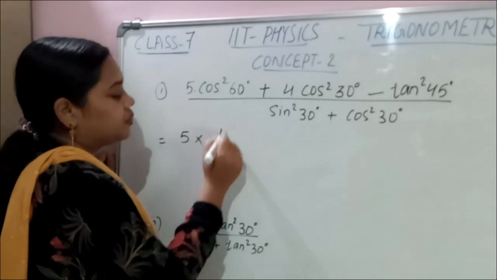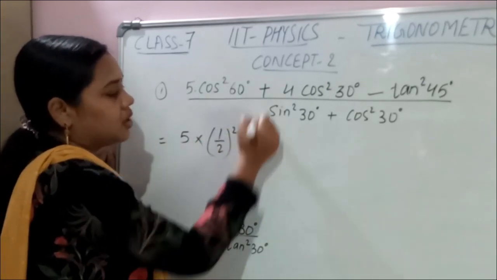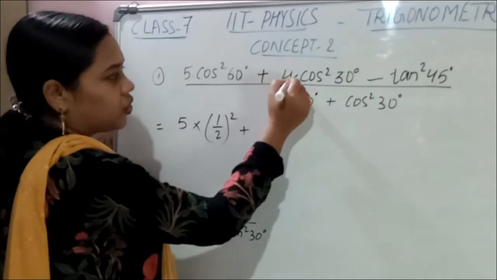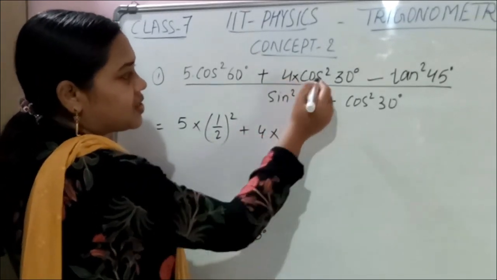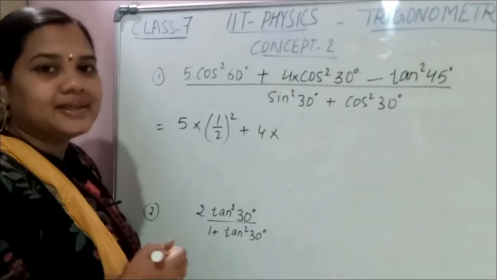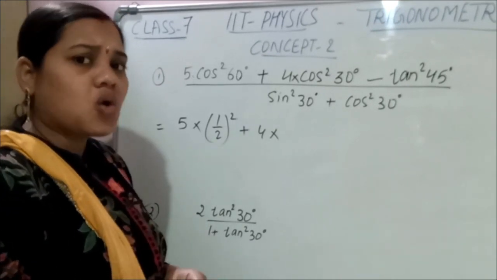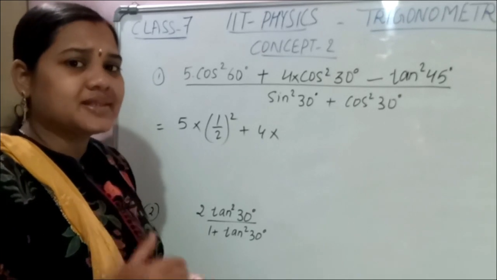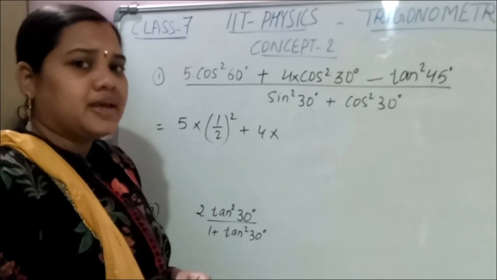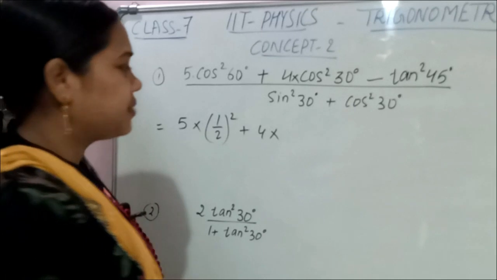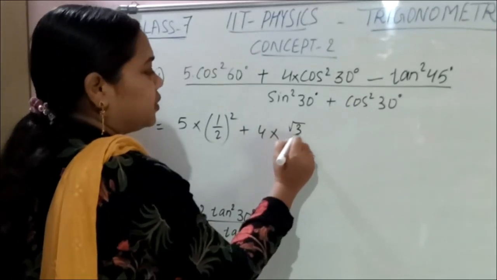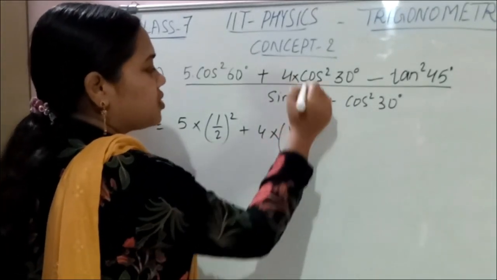1 by 2. 1 by 2 whole square plus 4 multiplied by cos square 30 degree. Cos square 30 degree means cos 30 whole square. Cos 30 whole square how much? Cos 30 value? Yes, cos 30 is equal to root 3 by 2. Cos 30, root 3 by 2 whole square.